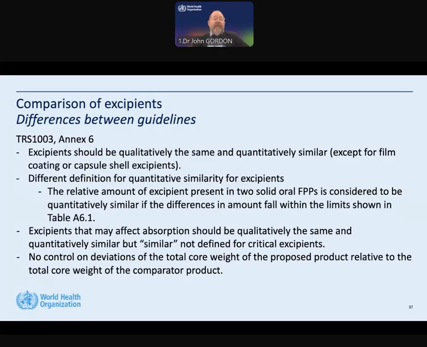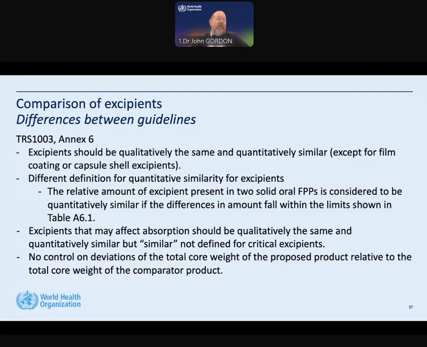So the relative amount of excipients present in solid oral FPPs is considered to be quantitatively similar if the differences shown in the amount fall within the limits shown in a table presented in the guideline, which we'll look at in a second. The guideline did say that excipients that may affect absorption, those critical excipients, should be qualitatively the same and quantitatively similar to those in the comparator, but that similarity was not actually defined in the guideline.